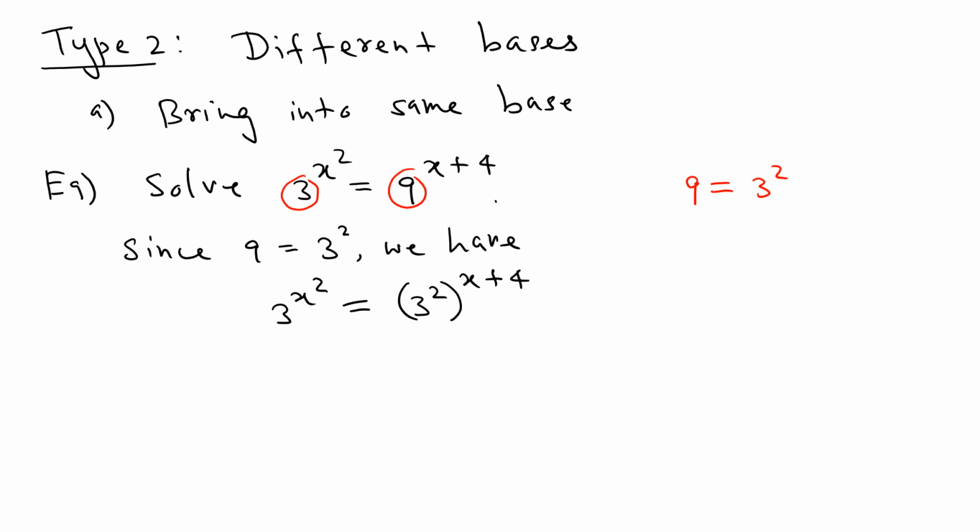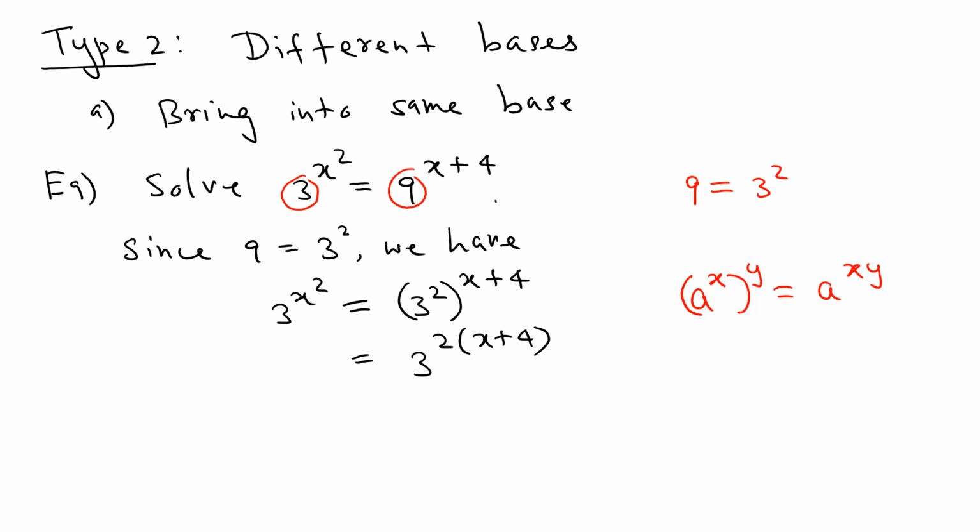Then we can use one of the algebraic properties. If you have a to one power and another power, you have a power of a power. When you have a power of a power, we multiply the two powers. So this is simply equal to a to the x times y. We can use the same result here. That means we can rewrite this one as 3 to the power 2 times x plus 4.